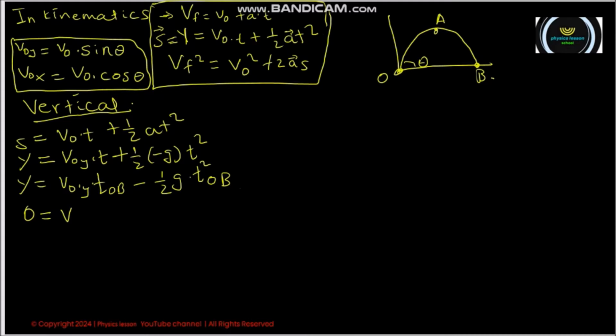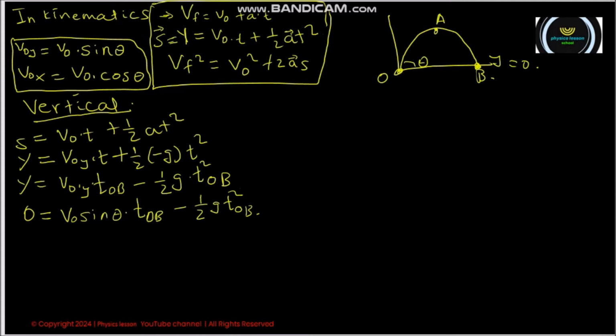That is why we use sine for the vertical and cos for the horizontal. Now we have v naught sine theta times time of OB minus 1 over 2 g t squared of OB. I think it's clear why at this point y is equal to 0.